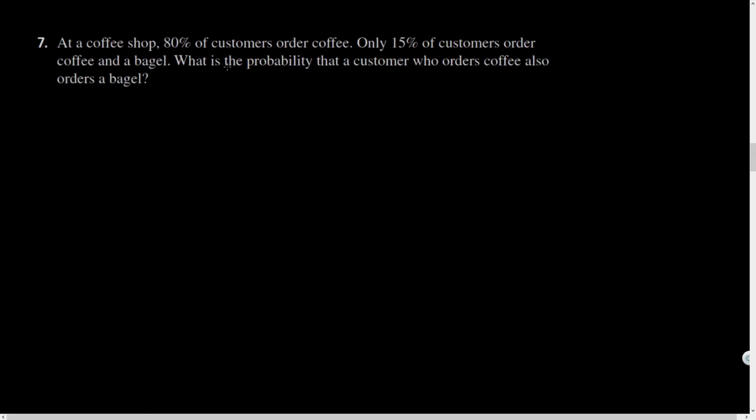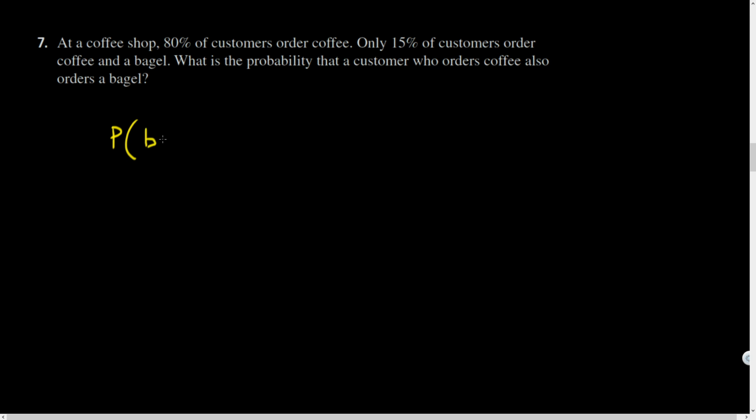At a coffee shop, 80% of customers order coffee. Only 50% of customers order coffee and a bagel. What is the probability that a customer who orders coffee also orders a bagel? Here's another conditional probability problem.